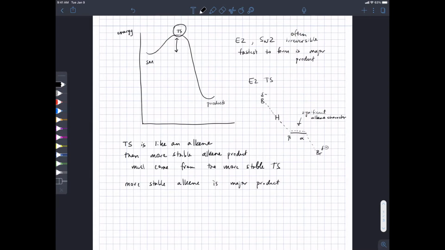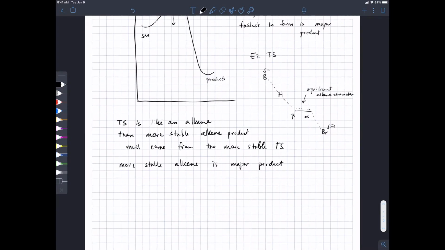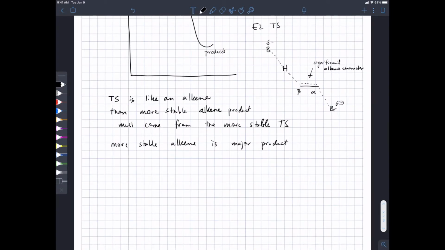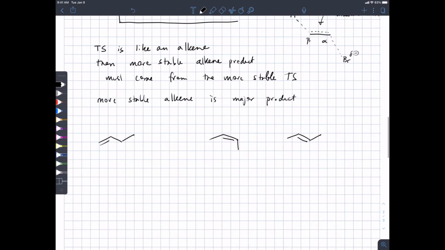So let's talk about alkene stability, and let's do this by looking at our three potential products: the cis diastereomer, the trans diastereomer, and the regioisomer.